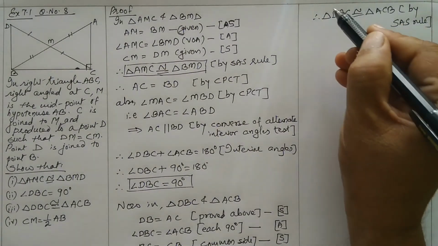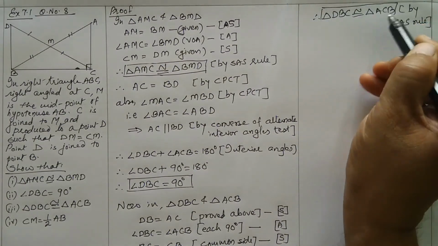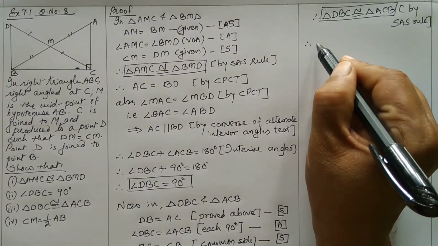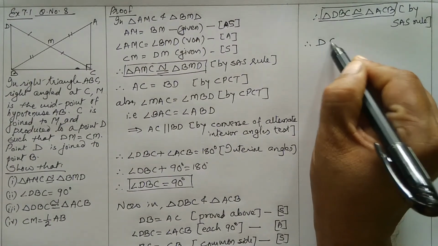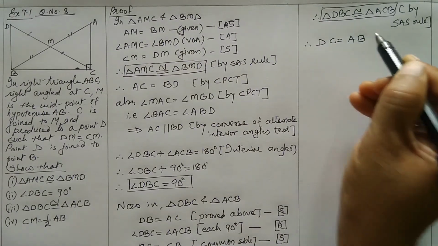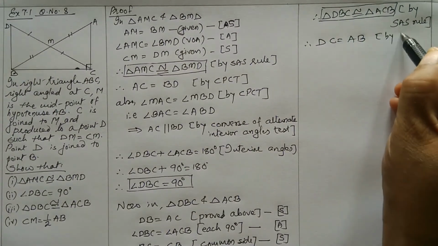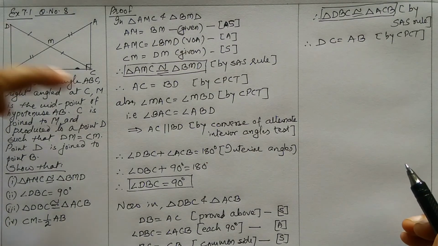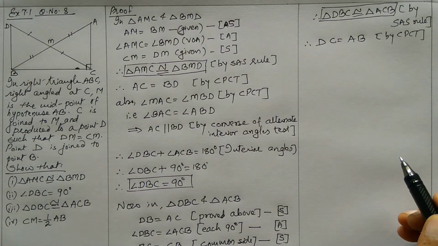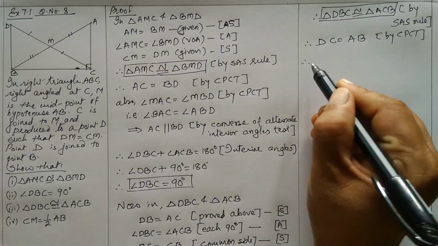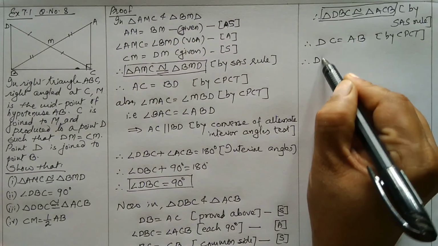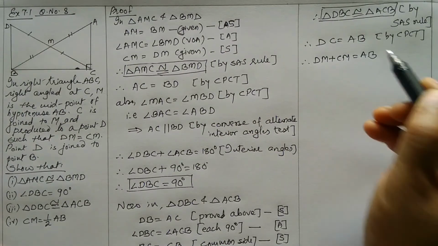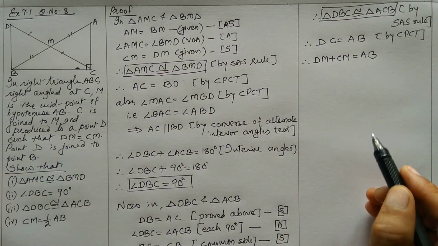Once you proved these triangles are congruent, the remaining parts are congruent. So therefore we can write DC is equal to AB, by CPCT, corresponding parts of congruent triangles. You will ask why we have taken DC equal to AB: because our target is CM is half of AB. Now DC we can write as DM plus CM is equal to AB, and it is given that DM is equal to CM.